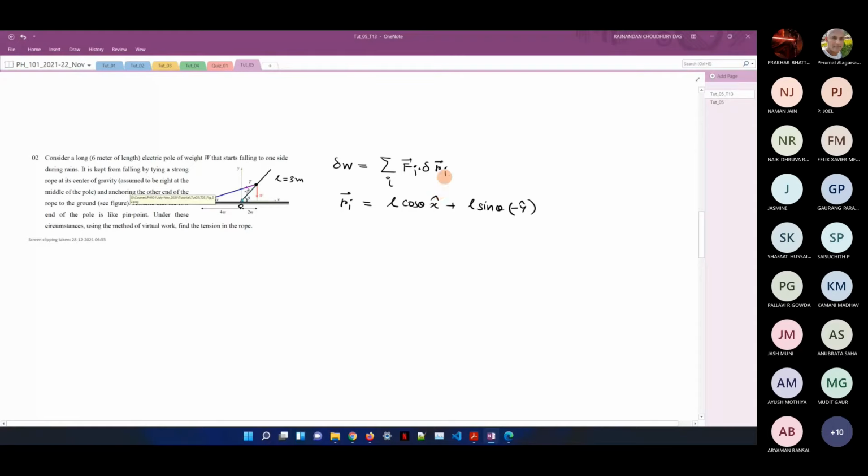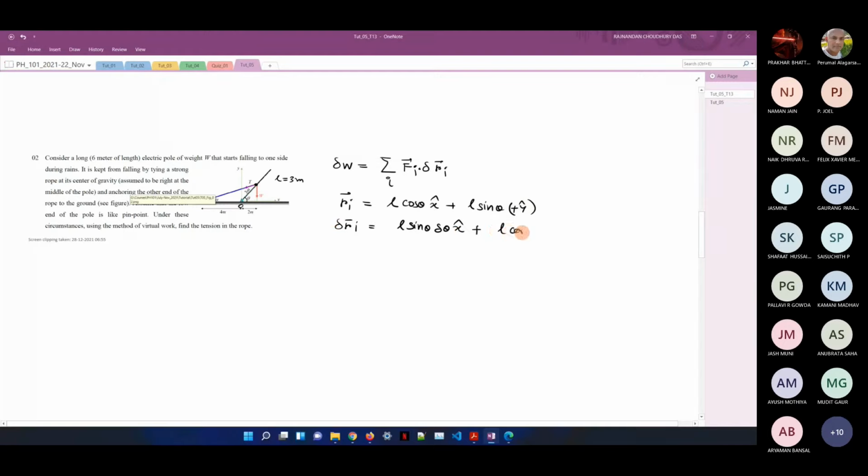So we need actually delta R i. This is simple. L sin theta, will it be minus y cap? It will be a minus y cap. Why will it be minus y cap? Oh, sorry. Yeah, L sin theta plus y cap. Yes, thank you.